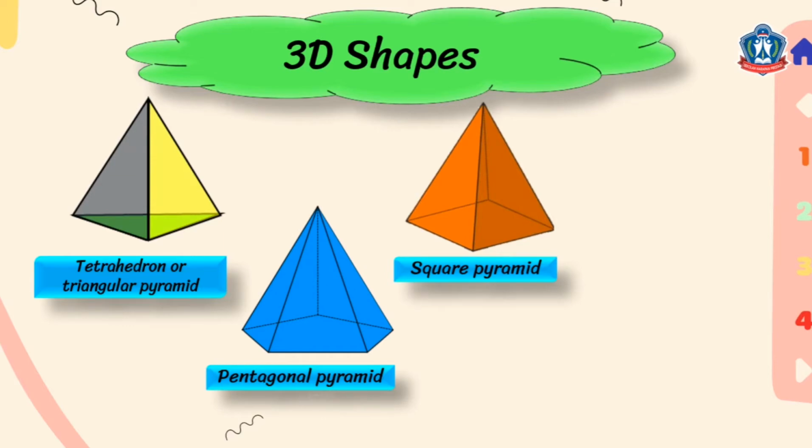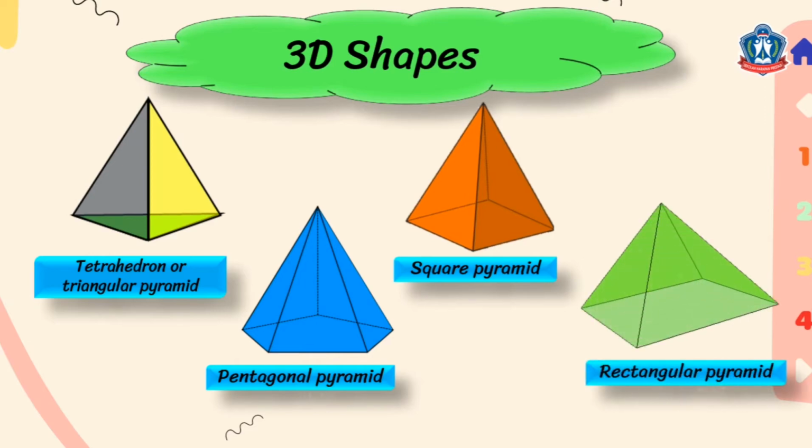This is a pentagonal pyramid. The base is a pentagon and the rest of its sides are all triangles. I have here a rectangular pyramid. The base is a rectangle and the other faces are all triangles.